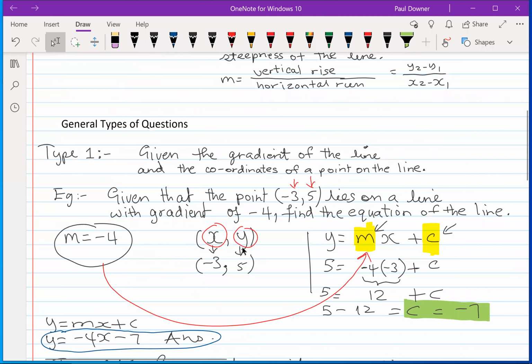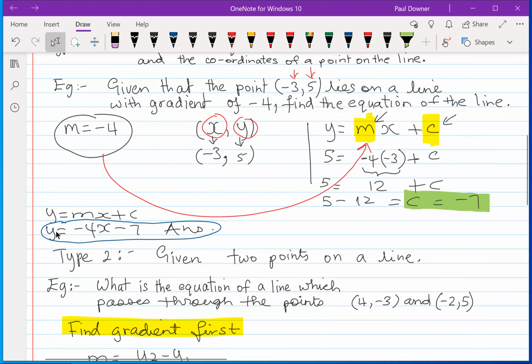We substitute y here as 5. We substitute the gradient they give us here, minus 4, for m. So the only thing that was missing was c. We solve for c. And once we solve for c, now we could write the equation of the straight line, which is always y equals m, which they give us, times x, plus c, which we solve for here. Okay? So you could go and do some practice with that.